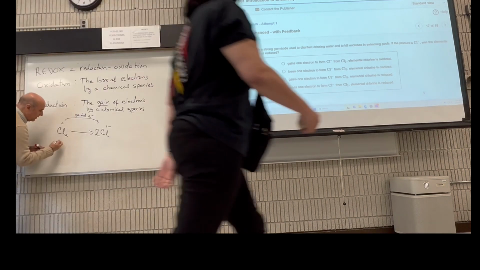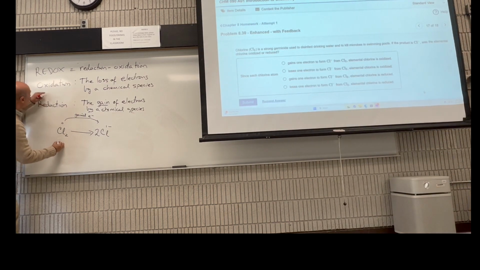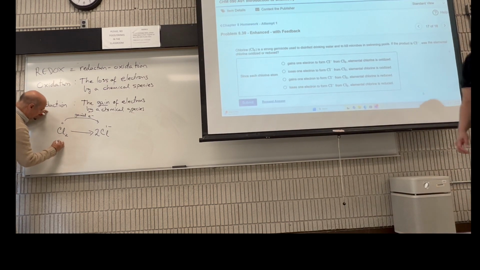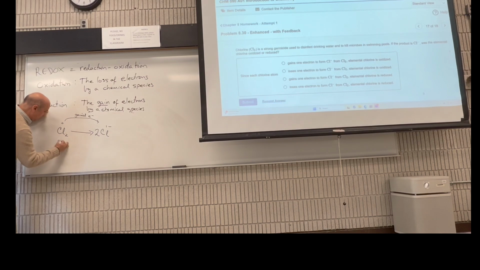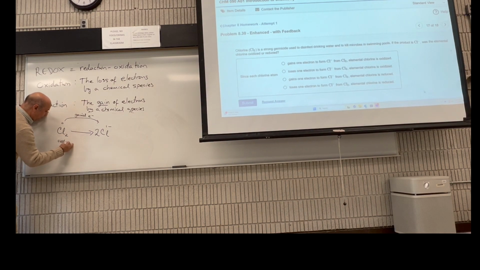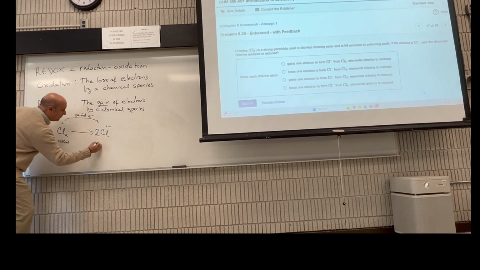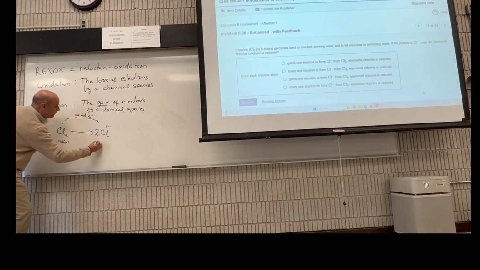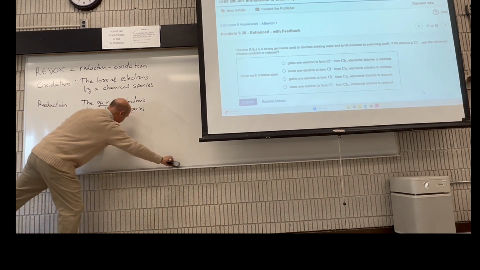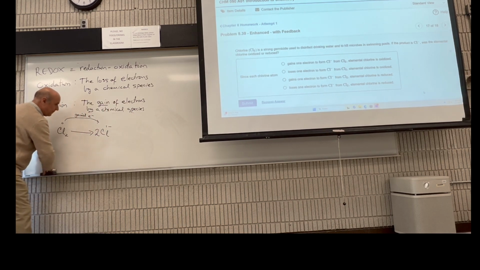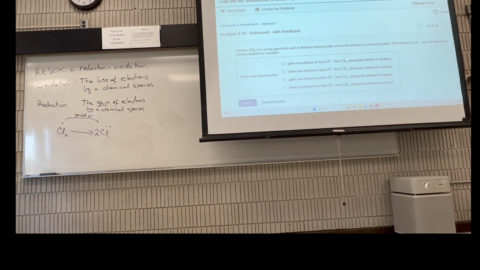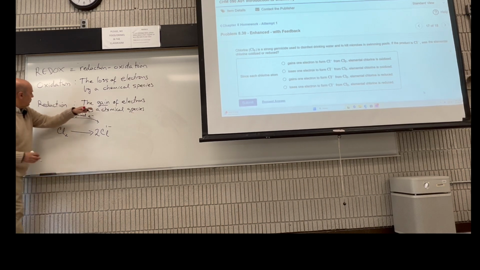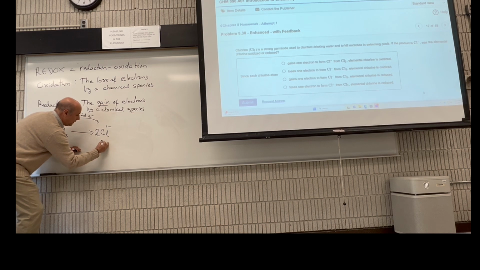So gaining of electrons is a reduction. This must have been oxidized. Wait a minute. I'm getting it wrong, right? I think you got it because it's going to get reduced. So it's going to get reduced. Okay, so I think I got it right, but let me just regroup. It's gaining electrons, so when you gain electrons, this must be reduced.